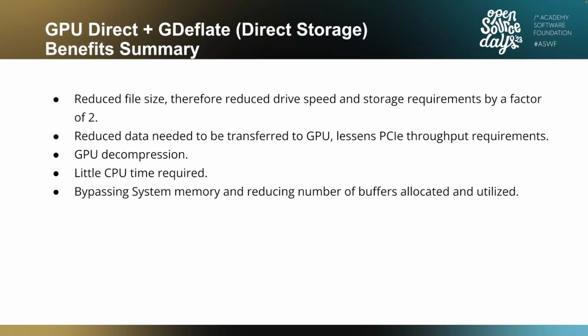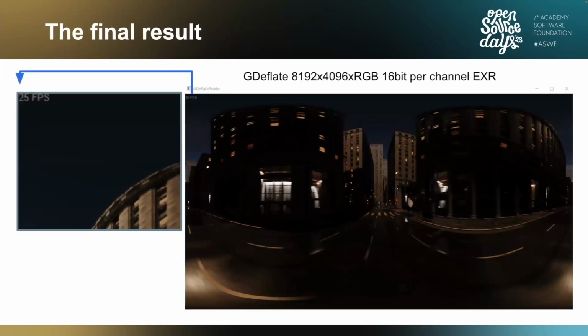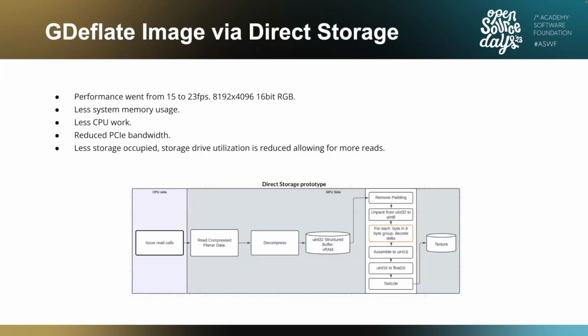If we could go back a few slides, I'll let you know when. Yeah, here we go. So this shows the decoding side. The first thing that we do is remove the padding. Padding is essentially a header for each scan line or tile, which is what EXR stores before each tile or scan line. Then we unpack from 32-bit. That is a limitation of GPU, because GPU data doesn't recognize structured buffers with types such as uint8.